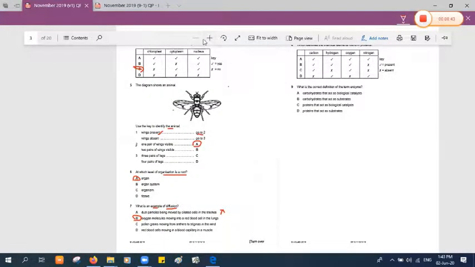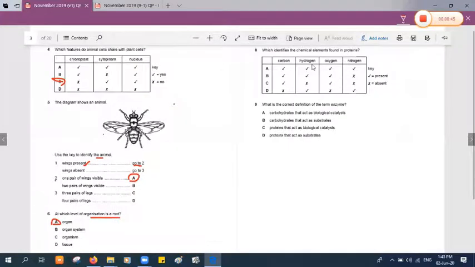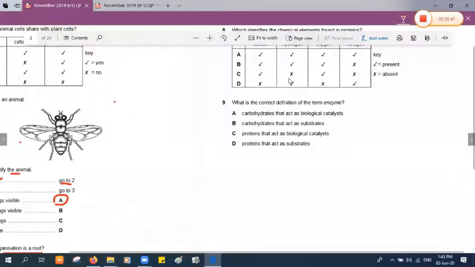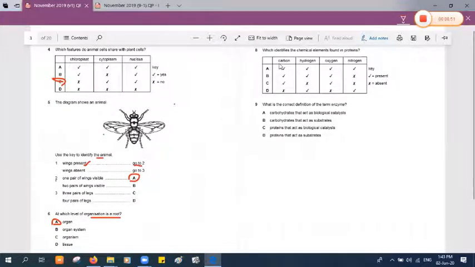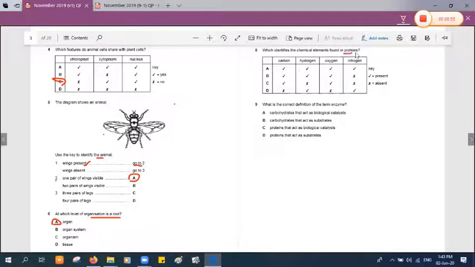It is 8. Which identifies the chemical elements found in proteins? Here we have carbon, hydrogen, oxygen, and nitrogen.